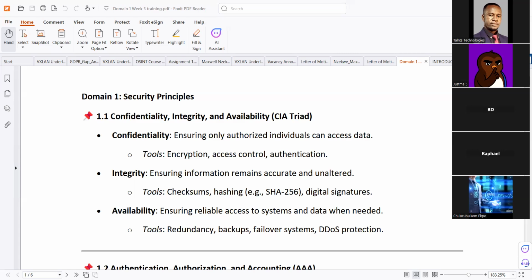Then availability is when you are hungry, you want to eat, and food is always in the fridge. You go to the fridge to get the food, but the fridge is locked. Or you cannot see the food.